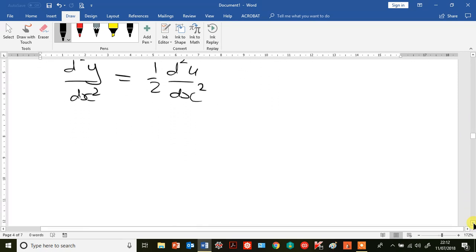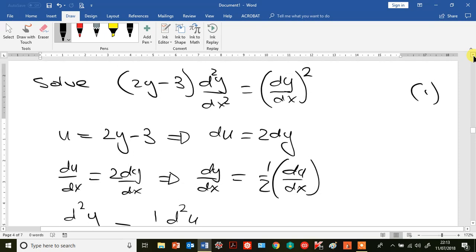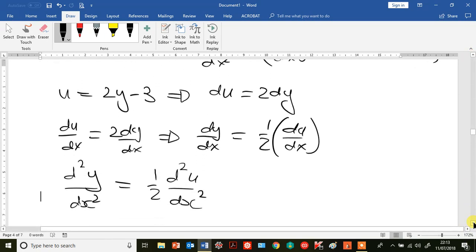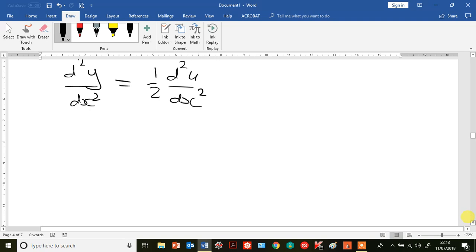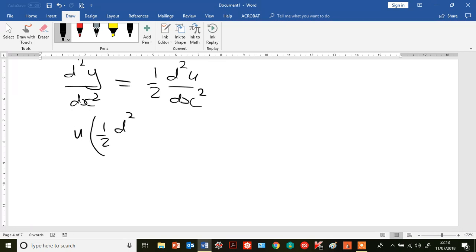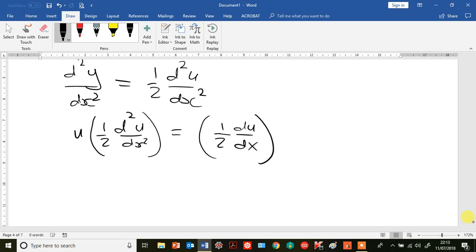So if we do this, we obtain u times a half d squared u by dx squared, and this is equal to, in brackets, a half du by dx, all squared.